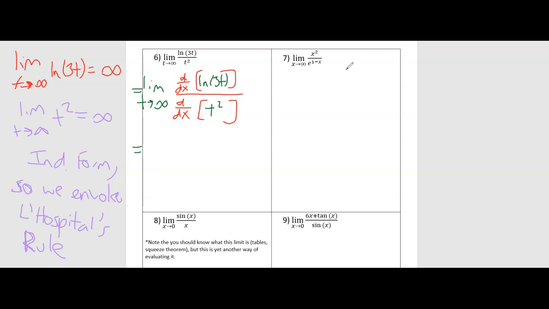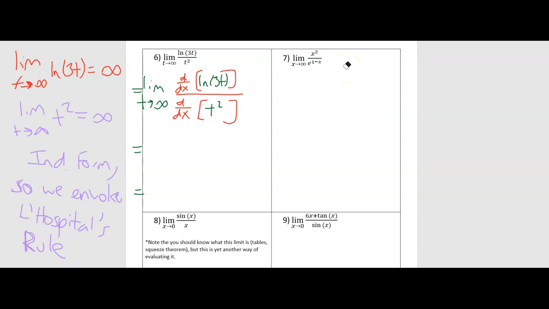The derivative of natural log of 3t would be 1 over 3t times the derivative of my inside function, which is 3t times 3, all over 2t. That is equal, if we simplify, to 1 over t divided by 2t. Oops, let's make sure I carry down these limits, because you would lose points on a quiz if you didn't do that.